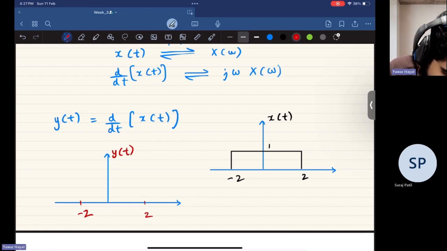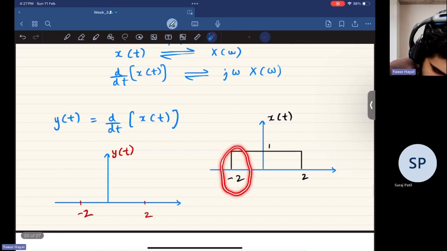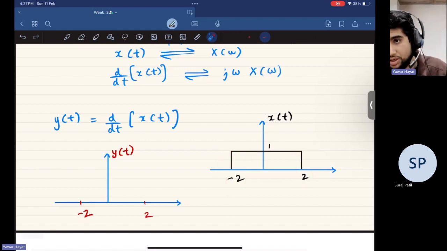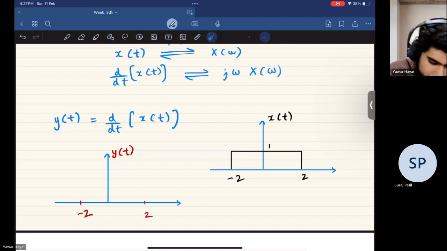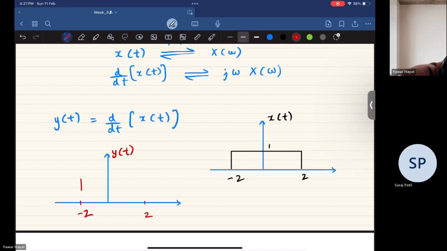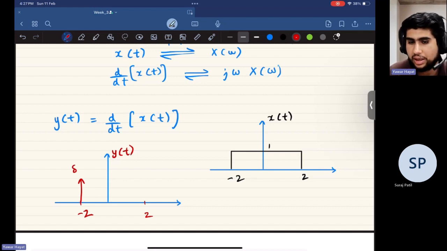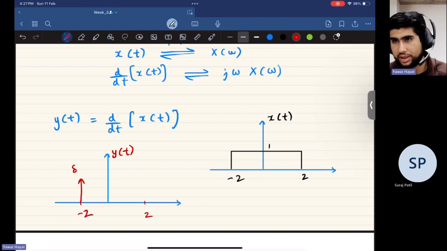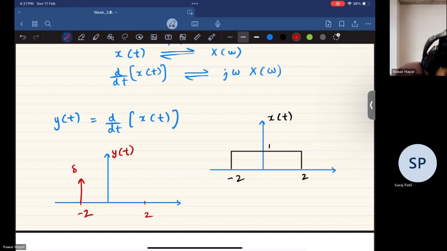But what about the points minus 2 and 2? The function jumps from 0 to 1. This is what we do. We say that this is delta of t, and this would in fact be a shifted delta t, shifted by 2 units of time, that is minus 2. Delta t occurs here.